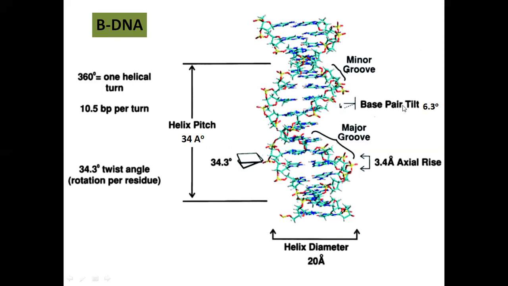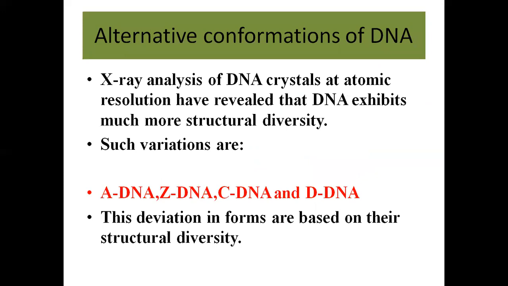The base pair tilt is 6.3. And there are approximately 10.5 base pairs per turn. That's all about the typical or classical form of DNA double helix, BDNA, the right-handed DNA double helix.